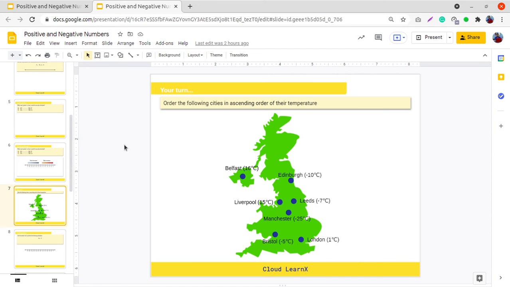So you want to try and test the student across different ranges, different types of misconception. Does the student know how to compare a negative number and a positive number? And so on. So you want to test out different things. That's why I've introduced several cities instead of just two.